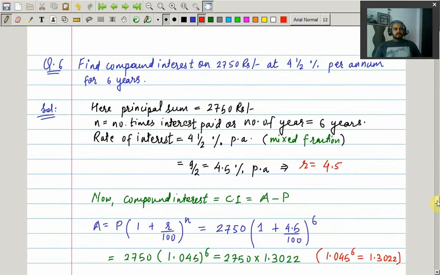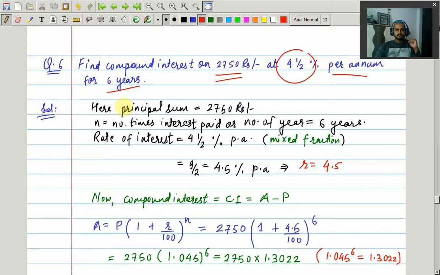So here we have one more question. Find compound interest. So now this is the first question on compound interest. Till now we have taken questions on simple interest. Find compound interest on this amount at this rate, a mixed fraction per annum, for 6 years.